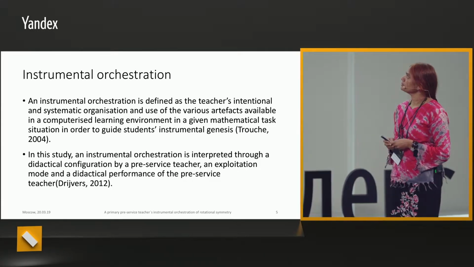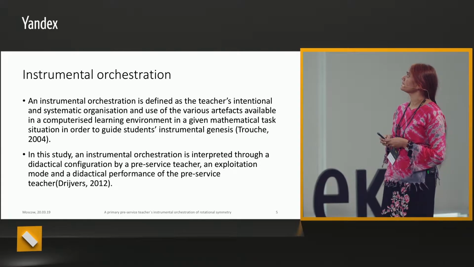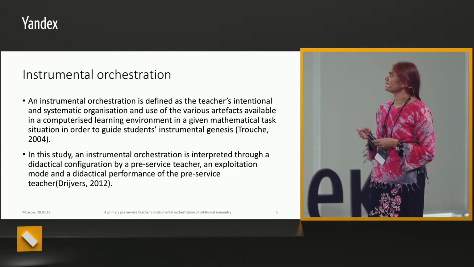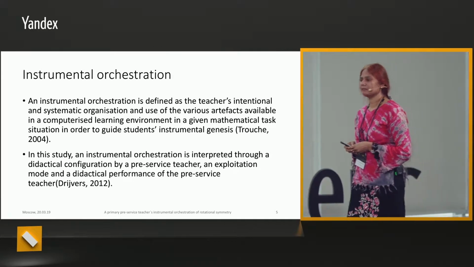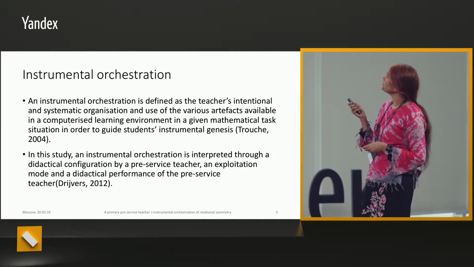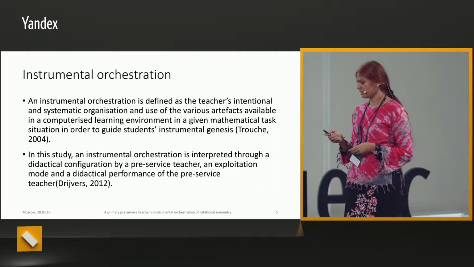And how do I interpret instrumental orchestration? It is driven by the explanations given by Drijvers: the didactical configuration by a pre-service teacher, an exploitation mode, and the didactical performance of the pre-service teacher.